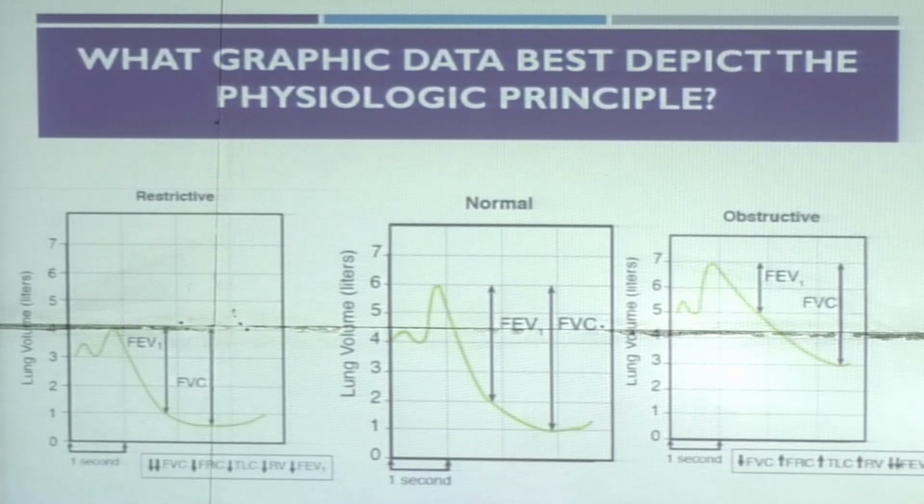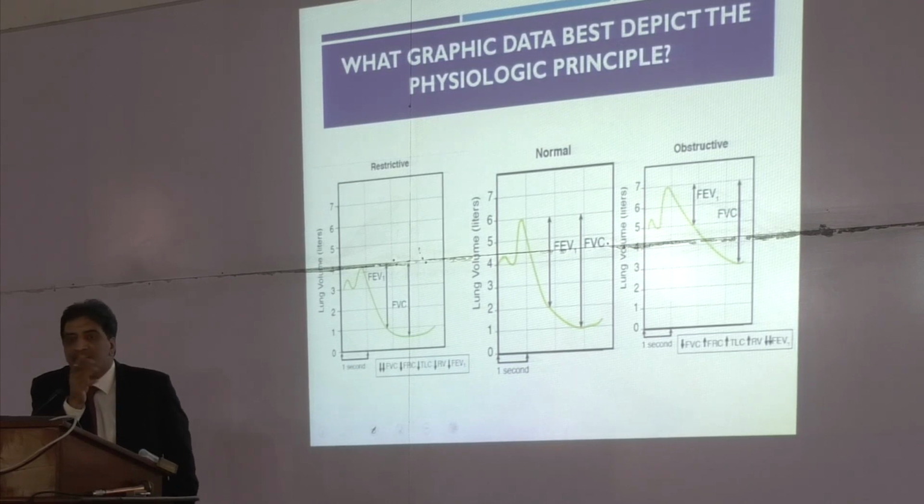So the last thing is, if on the basis of investigations you get some graphic data, to interpret that graph you must keep in mind what the normal graph and normal data are. This is the graph shown to you about respiratory problems.